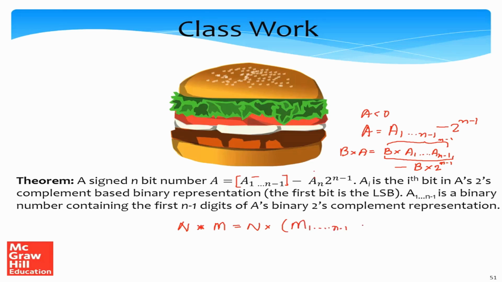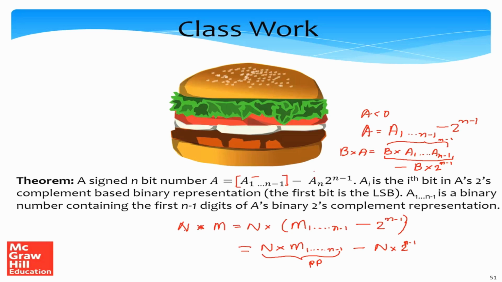That is one unsigned number. And if the number is negative, then the MSB is 1. So essentially in the first n minus 1 iterations, we multiply the multiplicand with the first n minus 1 bits of the multiplier. This is the partial product at this particular stage.